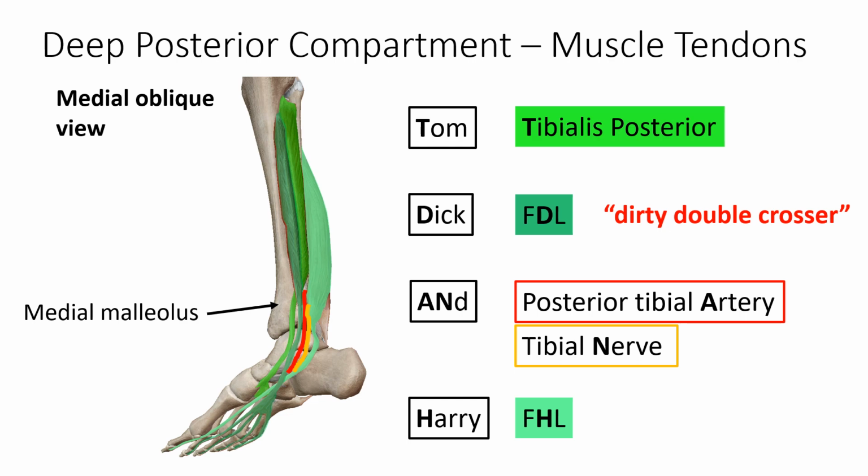Just above that medial malleolus, we can see that our FDL crosses our tibialis posterior muscle. And then later on in the foot, on the underside of the foot, our flexor digitorum longus crosses our flexor hallucis longus.